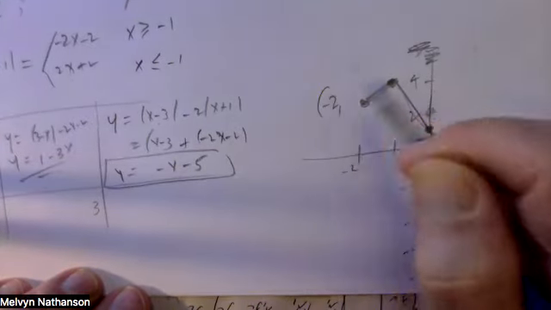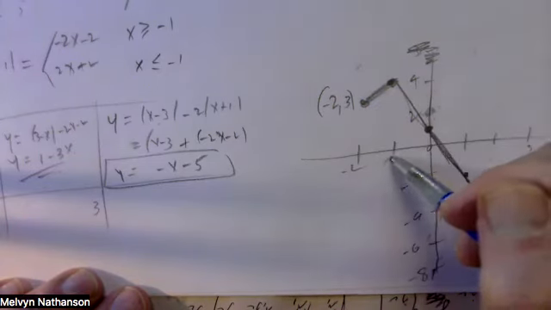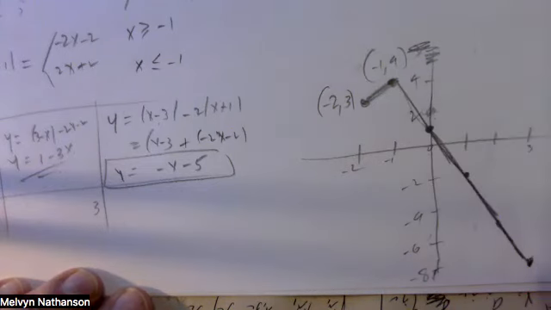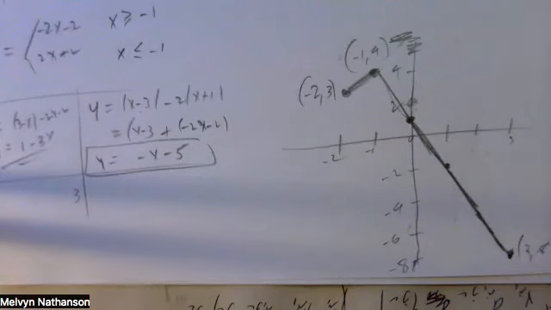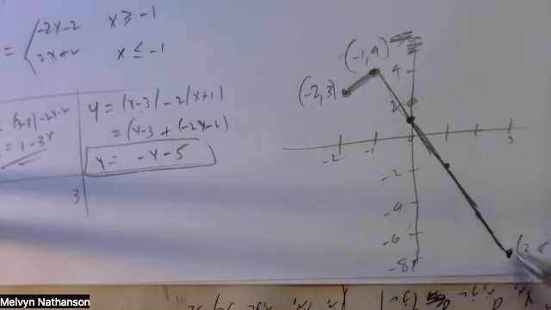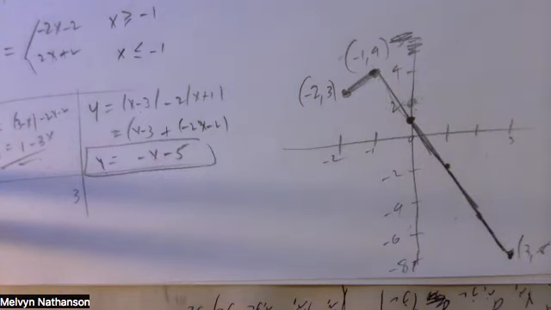This is -2, 3. This is -1, 4. This is 3, -8. So you can see that the absolute minimum is -8. The absolute maximum is 4. And the local maximum occurs right here also.